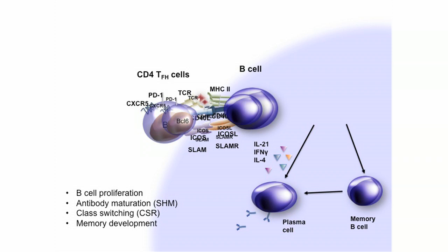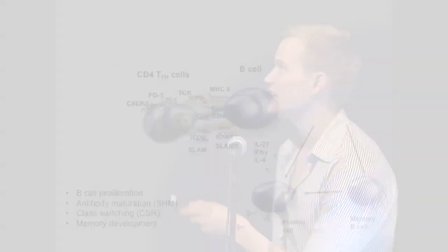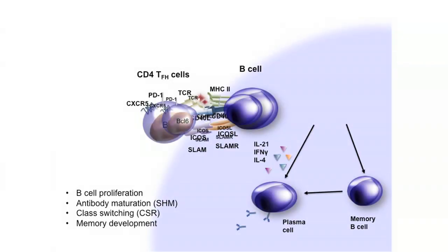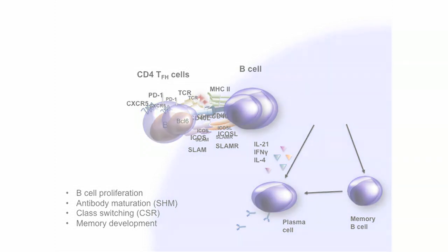All those receptors form a very tight and very prolonged interaction. So for quite a long time during this process, they don't let each other go. The B cell confirms in the T follicular helper cell the expression of BCL6, while the T follicular helper cell is inducing BLIMP1 in the B cell.